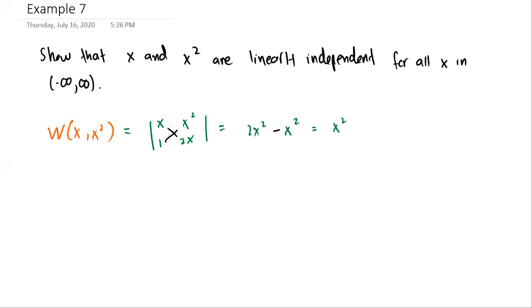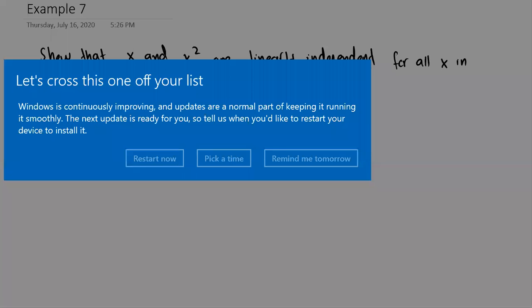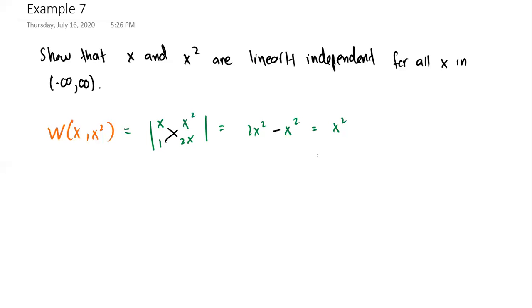Now, these functions are going to be linearly independent on an interval as long as this Wronskian is not equal to 0. So in this sense, this is a little bit weaker than the actual definition, right? Because we already know that these functions are linearly independent everywhere, on negative infinity to infinity.